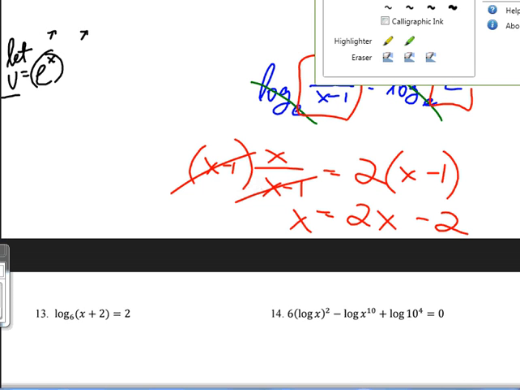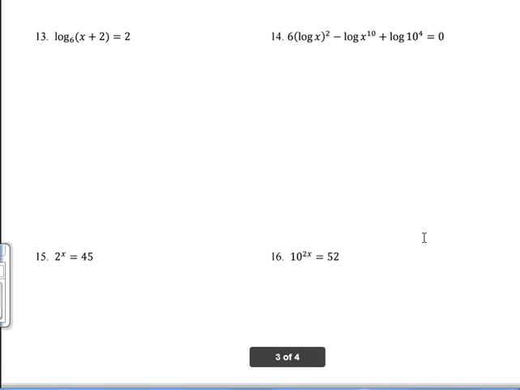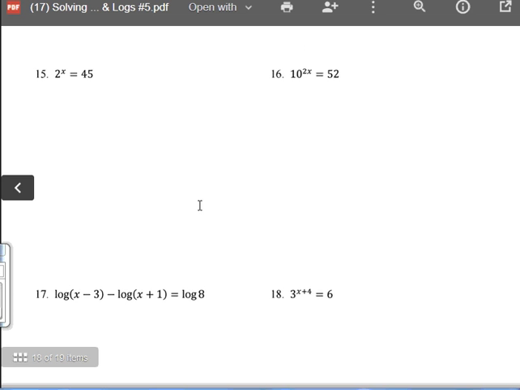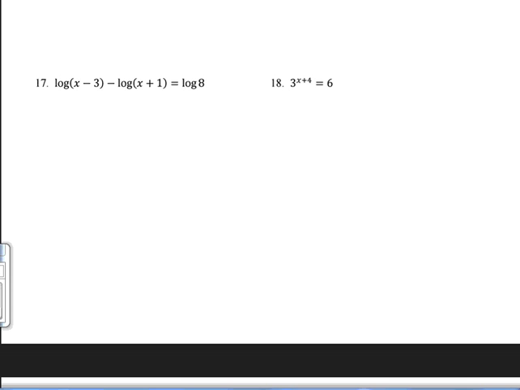All right, I'm going to go to one more problem on this page. Some of these ones look complicated, where this seems easy, except I can't make a 6 into a 3 to a power really easily. Like I can't make the bases the same. Any thoughts on that?